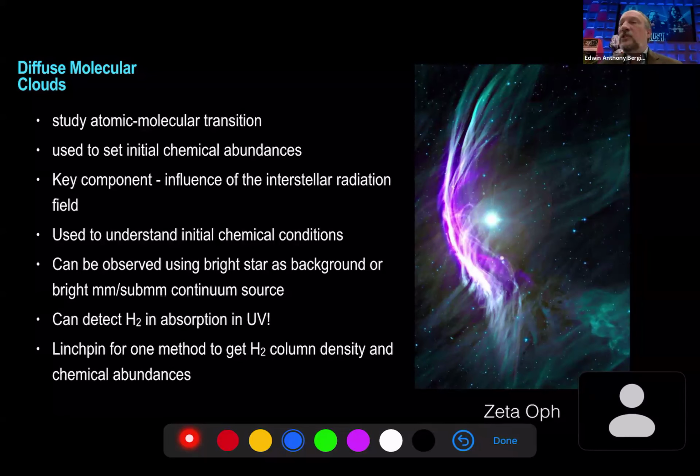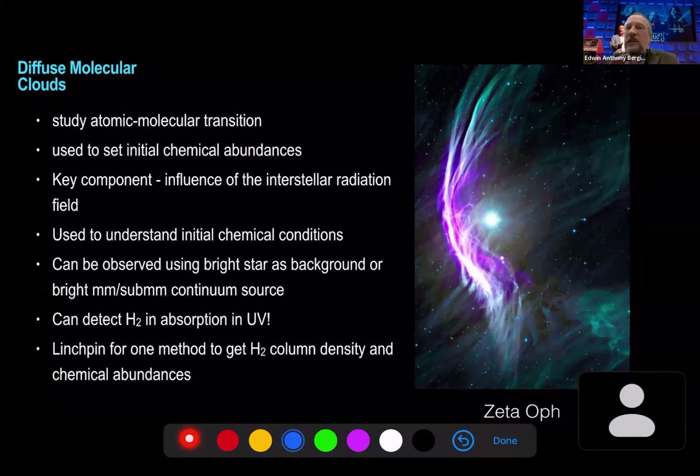What we do with diffuse clouds in astrochemistry is use them to ask what the initial abundances are before a star is born. In other words, what's in the gas and what's in the solids before a dense cloud goes on its way to making a star? What is the initial chemical state?